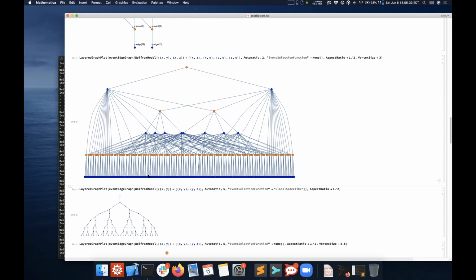Okay, so a couple of different things. The test of causal invariance can be made, I claim, in the events graph. And what exactly is the statement? What the heck is the statement in terms of events?